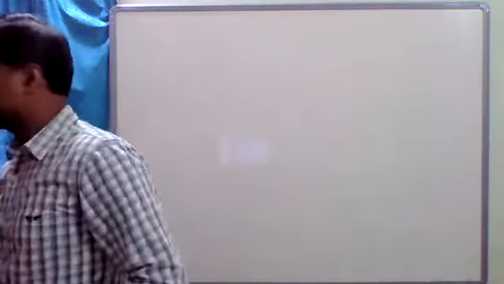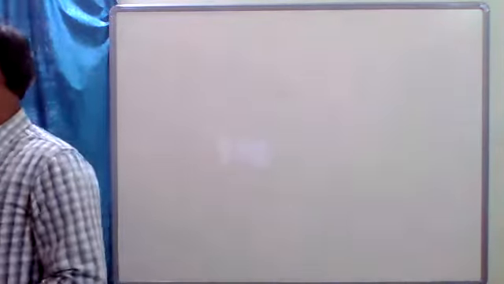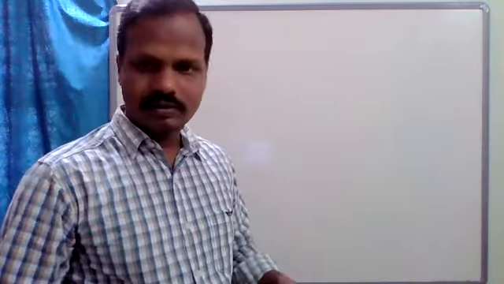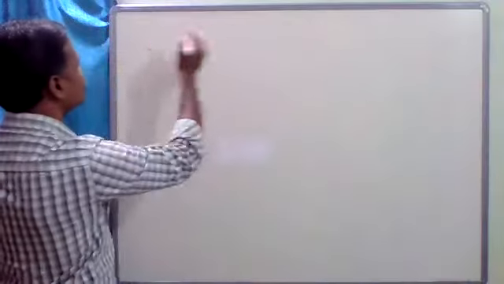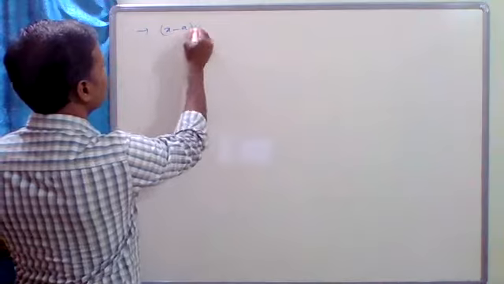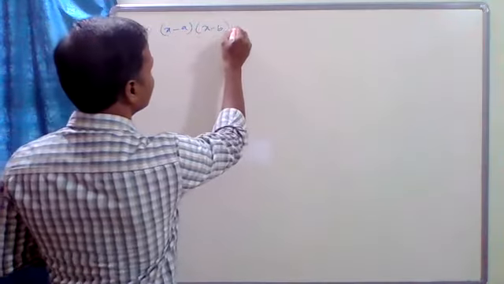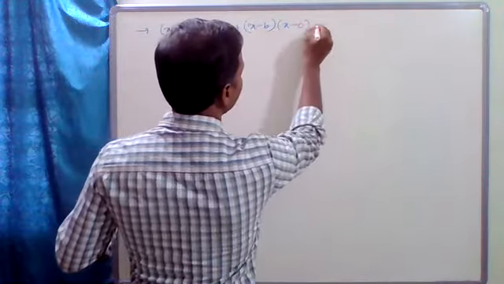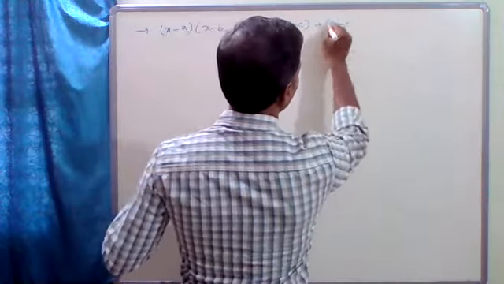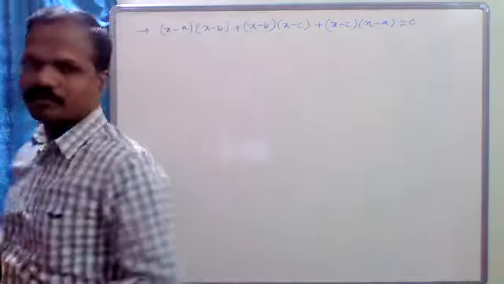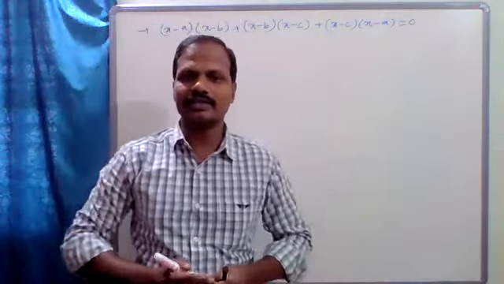Okay, next problem. Find the nature of the roots of the quadratic equation (x minus a) into (x minus b) plus (x minus b) into (x minus c) plus (x minus c) into (x minus a) equal to 0.